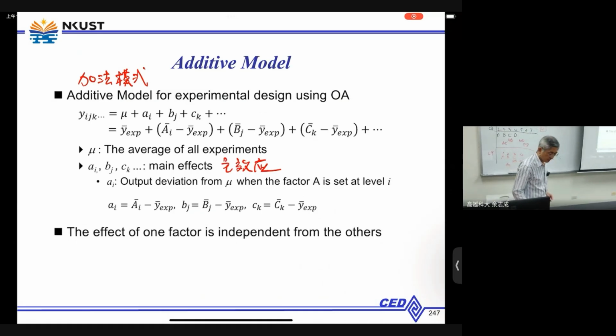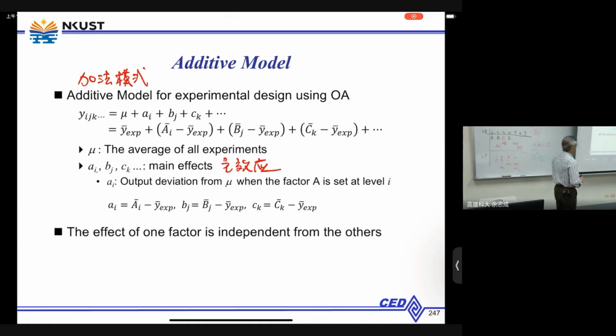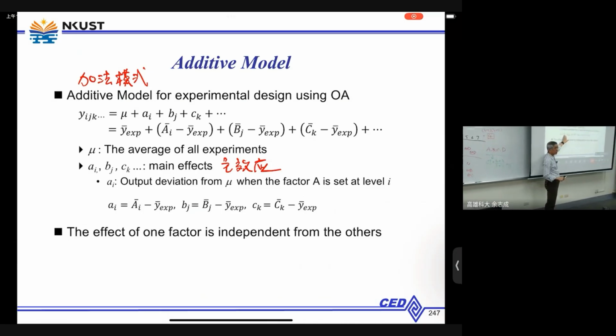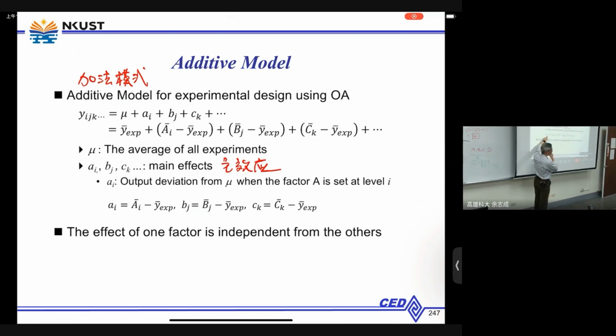We can use the difference between the average output in the response table minus the total average. This total average is also the constant in the additive model. So we just need to substitute any combination in that factorial by the corresponding main effects. We can estimate the output.